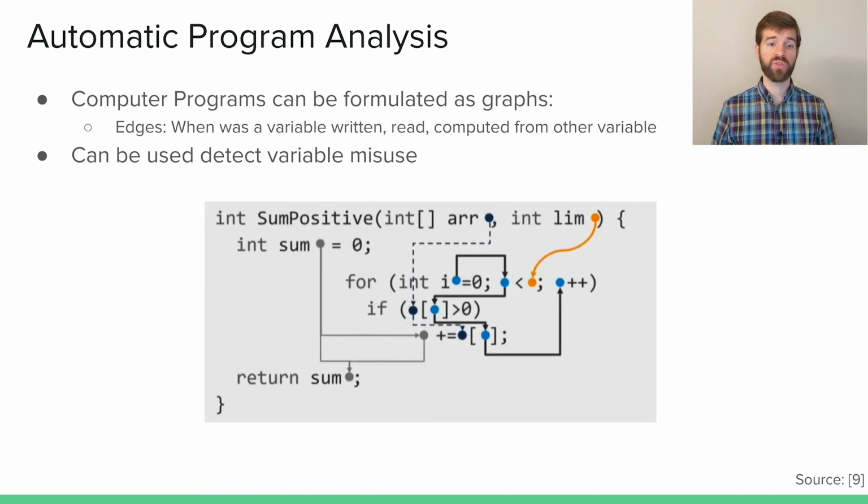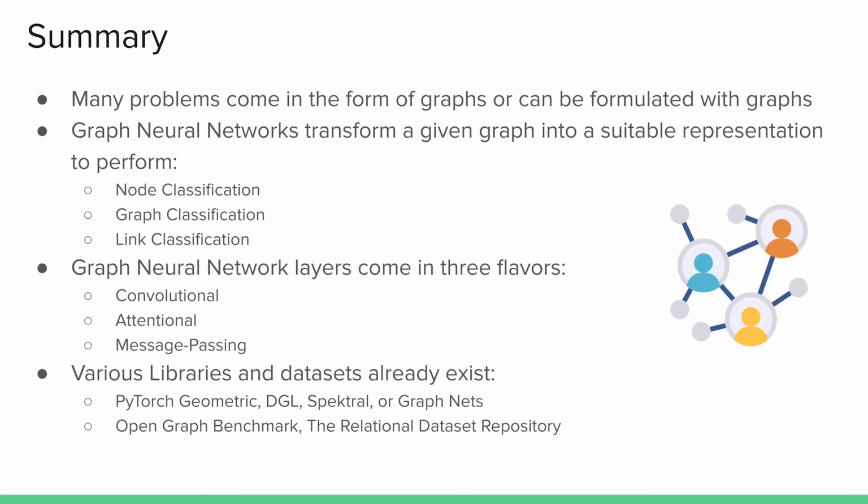Then we construct an edge in our graph between those parts in our tree. And then, for example, we can use this to detect variable misuse, where potentially the program might crash if we run it.